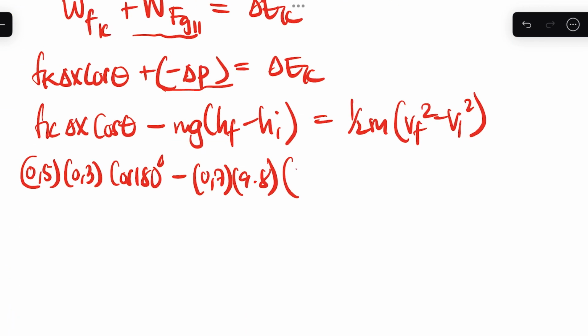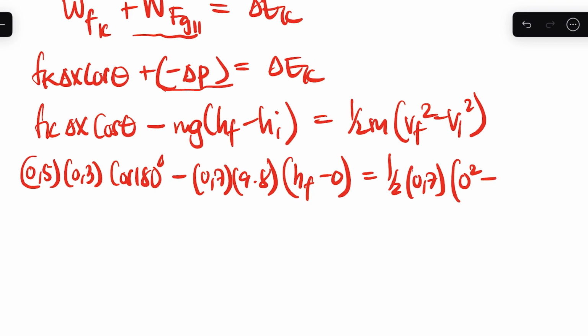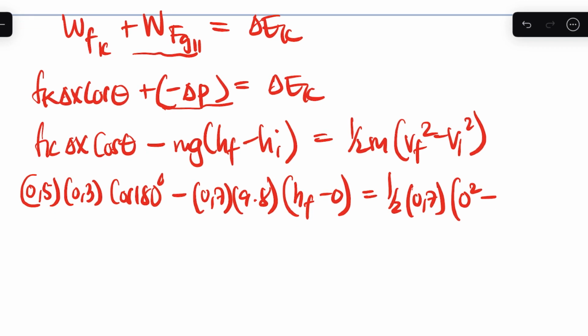The height final is the one that we want. The height initial is 0, and then half the mass, 0.7, and the final velocity is 0. They said it's going to stop at the top, so the initial velocity is 2.25. 2.25 squared. Very important to square that. You're not squaring with the negative there, guys. You're squaring only the 2.25 there.